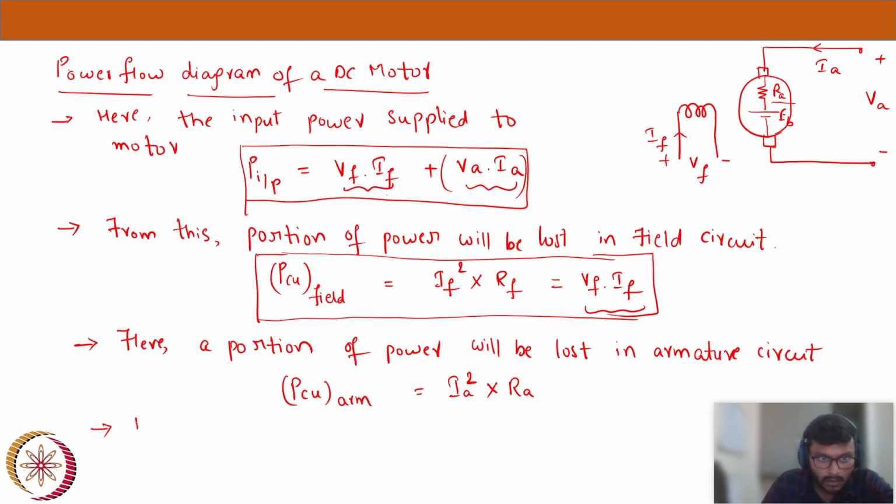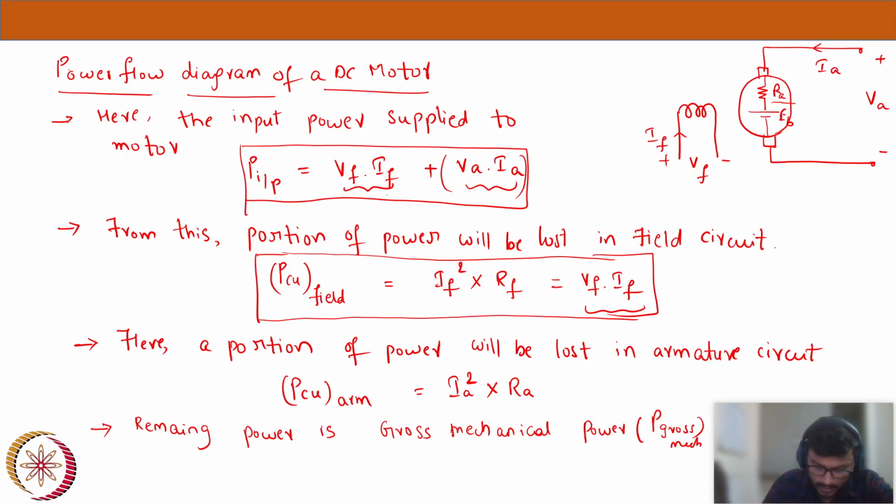After the armature circuit, the remaining power is the gross mechanical power, that is, let's say P gross mechanical, from which we have to subtract rotational losses.